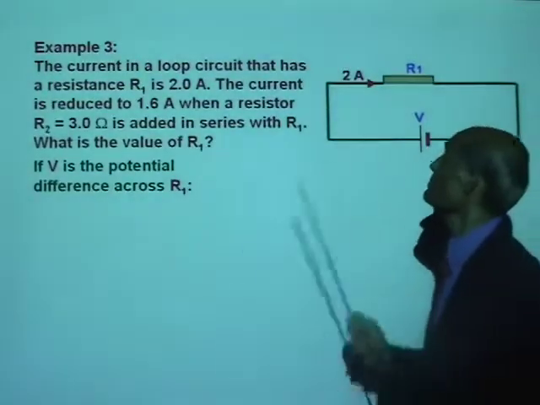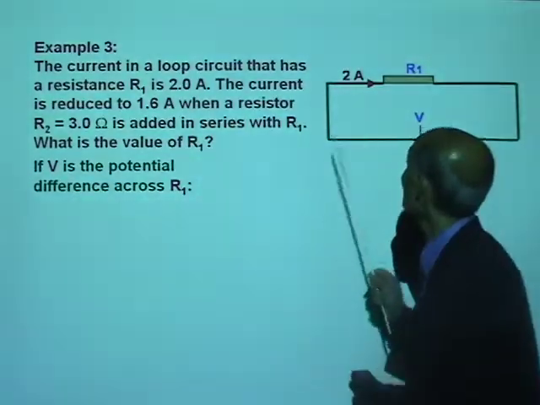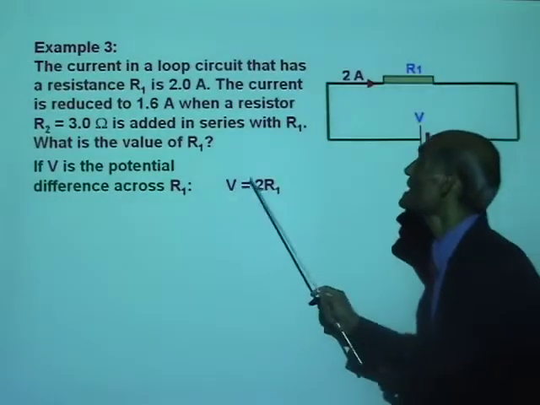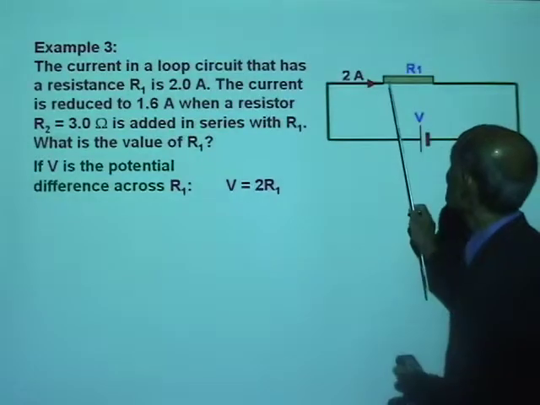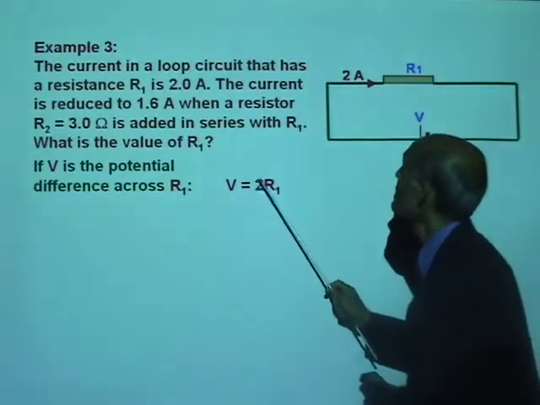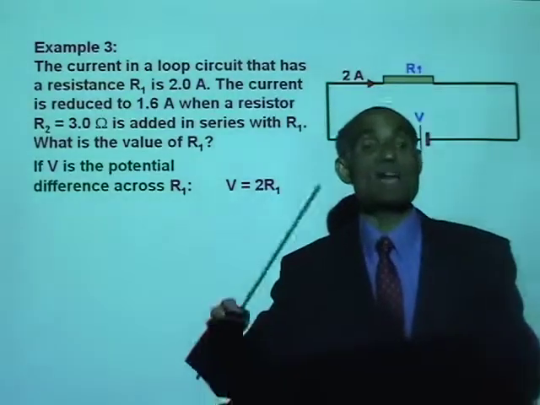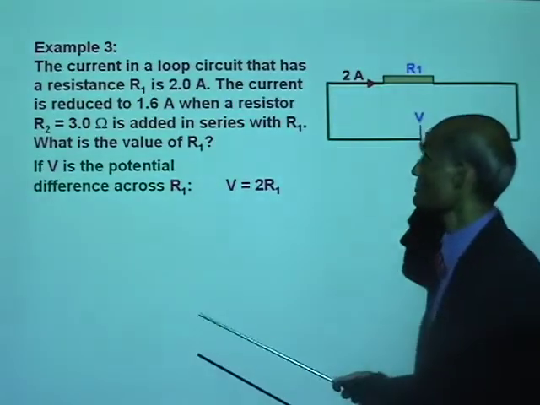We need to find the value of R1. So if V is the potential difference across R1, we can write V equal to 2R1. Is that right? The potential difference across the resistance is V equal to 2R1. Why? V equal to IR, and our I equal to 2 ampere.